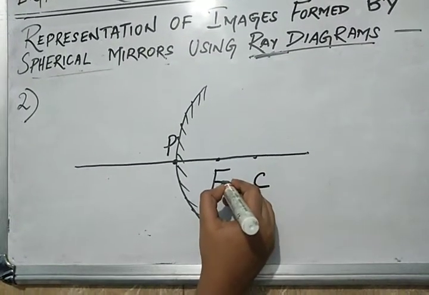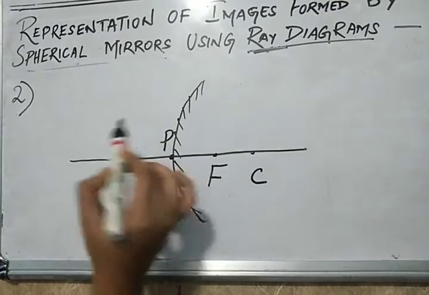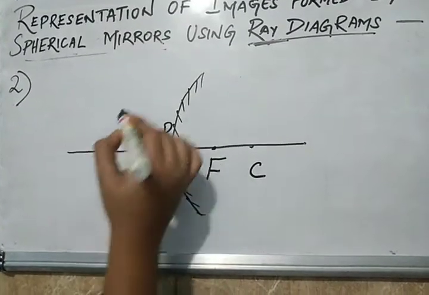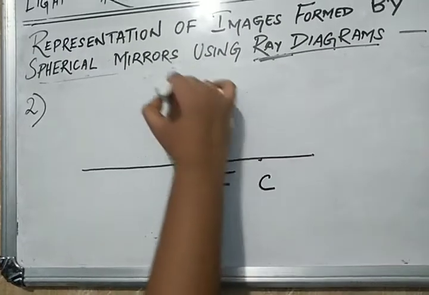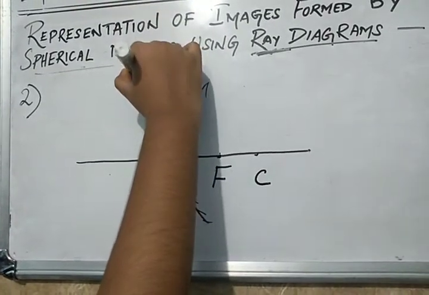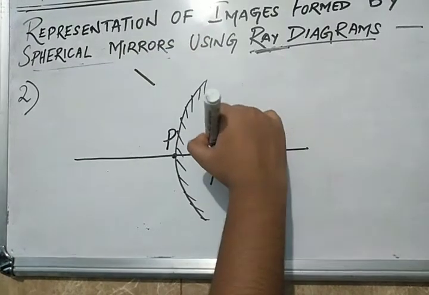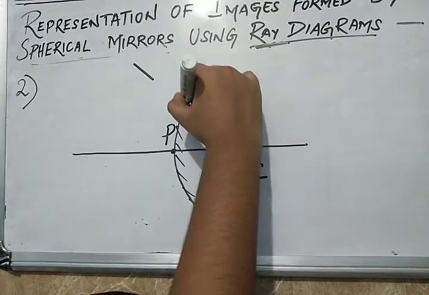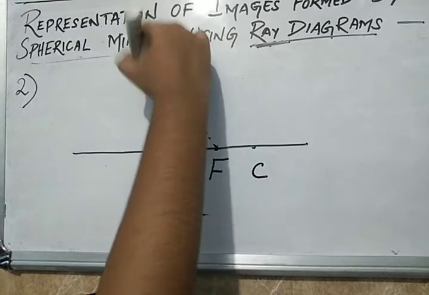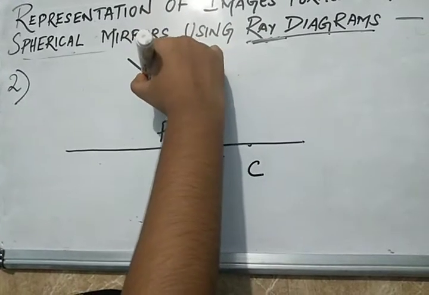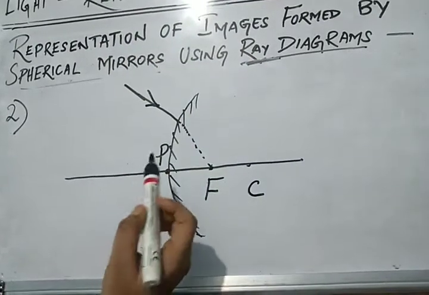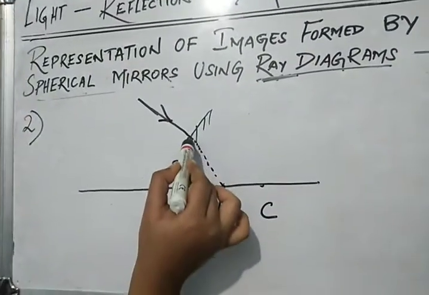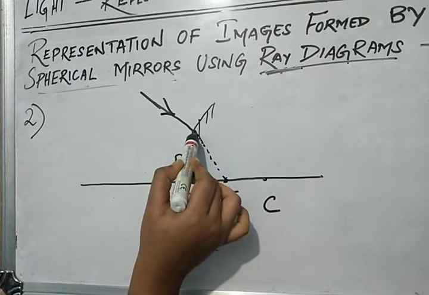Now, an incident ray that appears to be directed towards the principal focus. Okay, my incident ray is something like this. It appears to be directed towards the principal focus. This is my incident ray, striking the convex mirror.